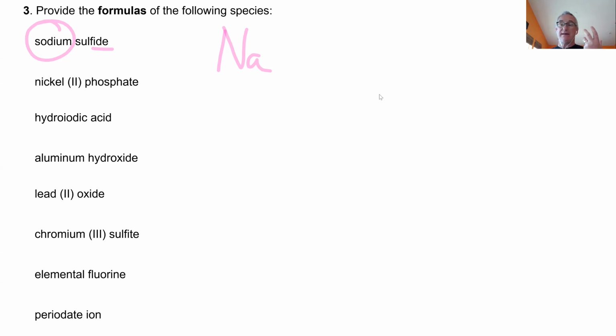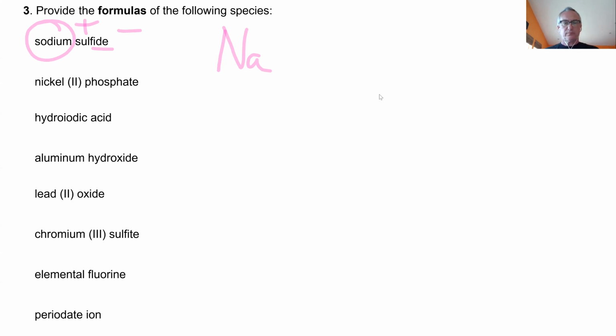We use "ide" for a negatively charged ion if it's ionic, but we also use "ide" if it's a covalent compound like carbon monoxide or dioxide. It just means it's the second part. But since this is an ionic compound, sodium is going to be positively charged and the sulfide or sulfur is going to be negatively charged.